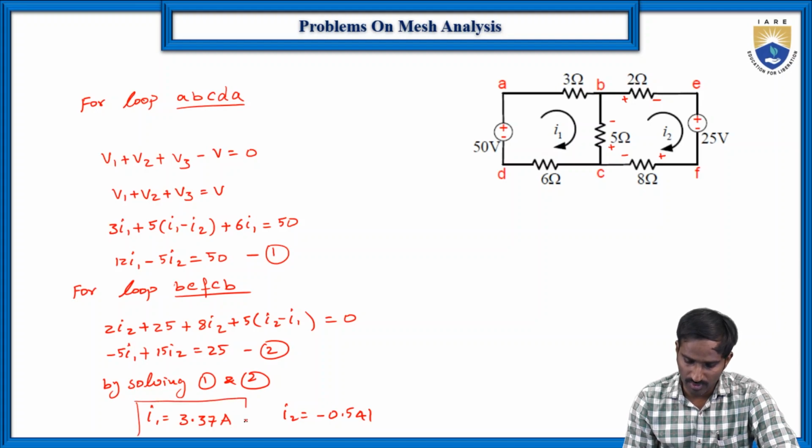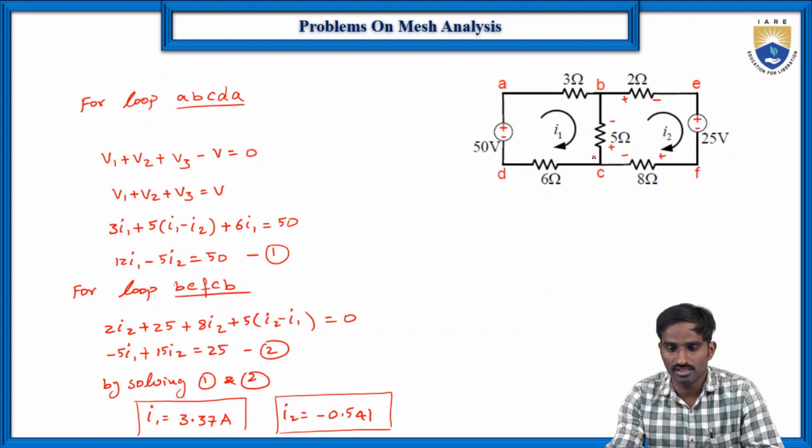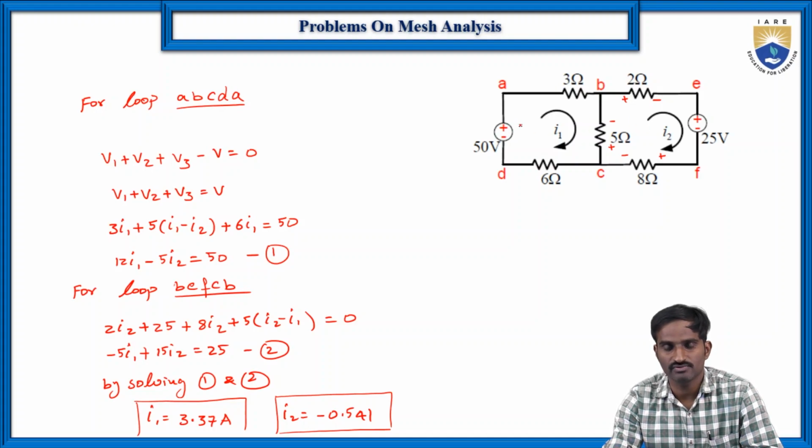This is how we can apply loop analysis or mesh analysis. The important thing in mesh analysis is the direction of the current that we consider, and also the polarities of the voltage.